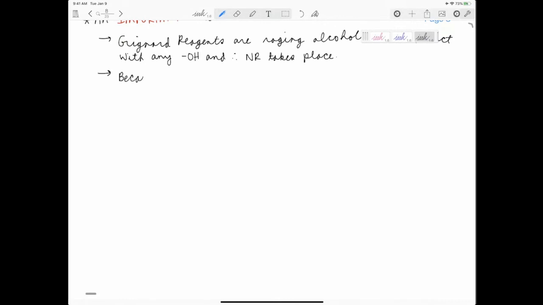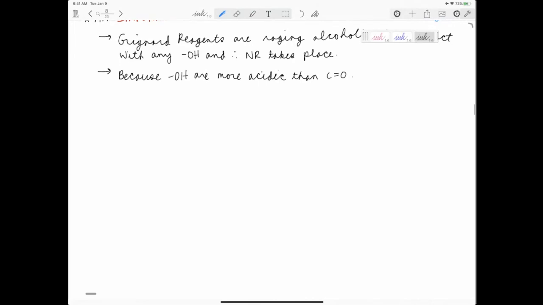Because the hydrogen atom from alcohols is more acidic than a carbonyl. So of course, when it sees an alcohol, it just turns into a base and deprotonates the hydroxy group instead of being a nucleophile attacking the electrophile.